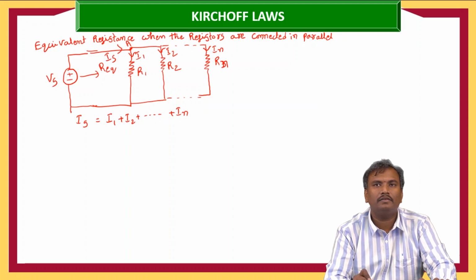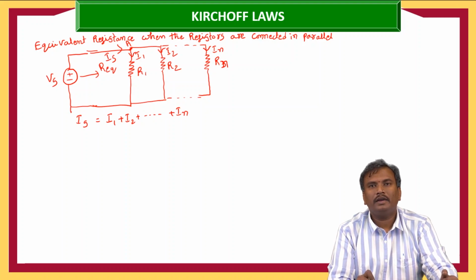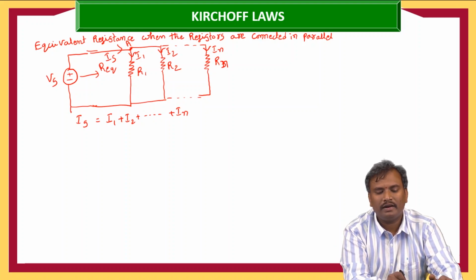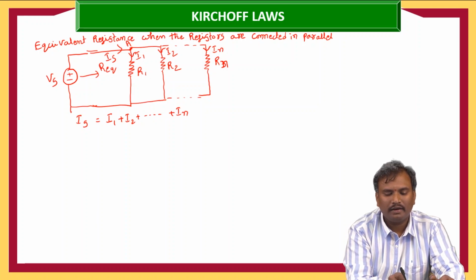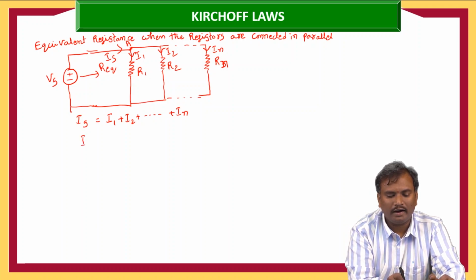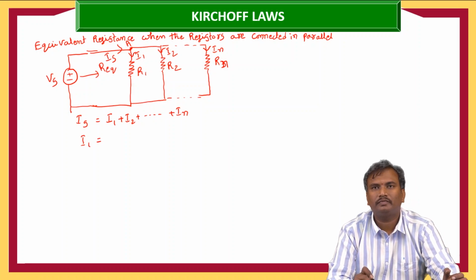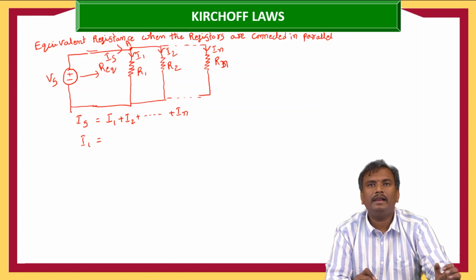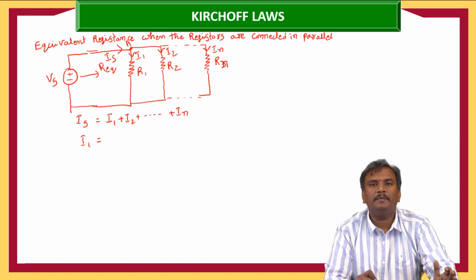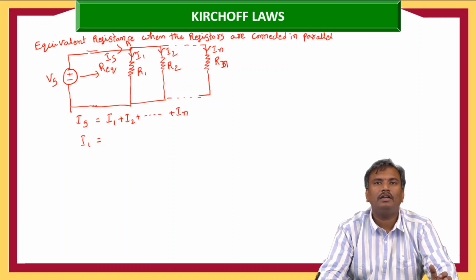Let us consider this is node A. In parallel elements the voltage will always be the same, and the current will be divided.